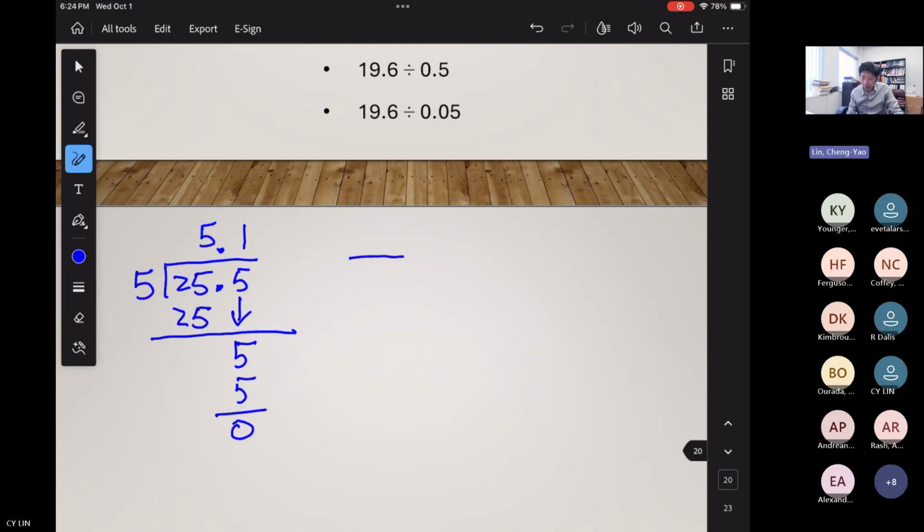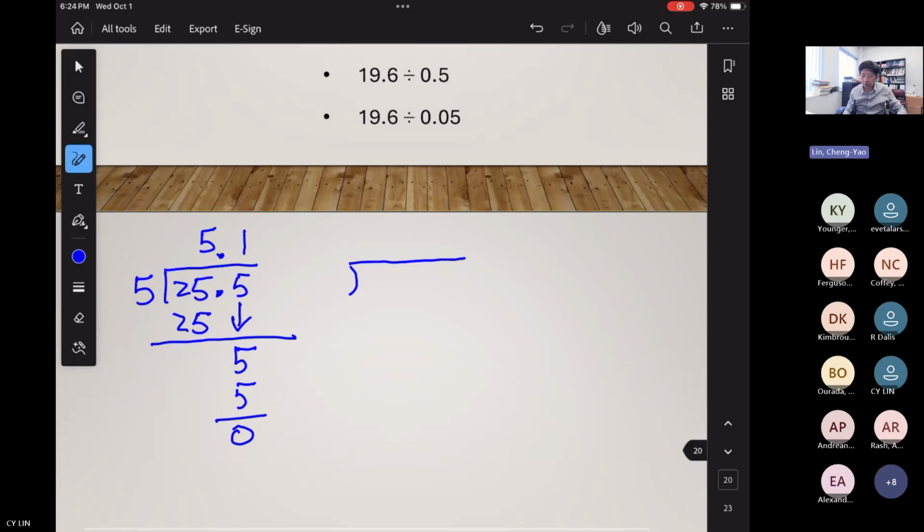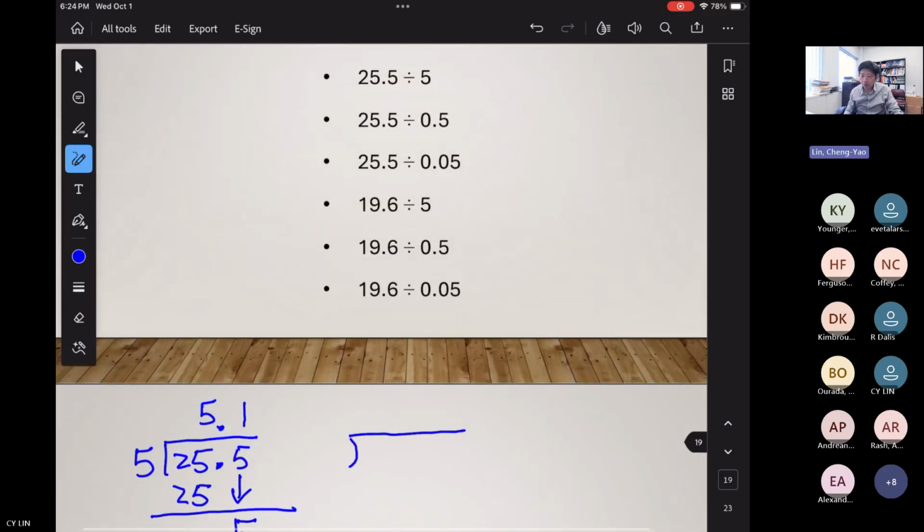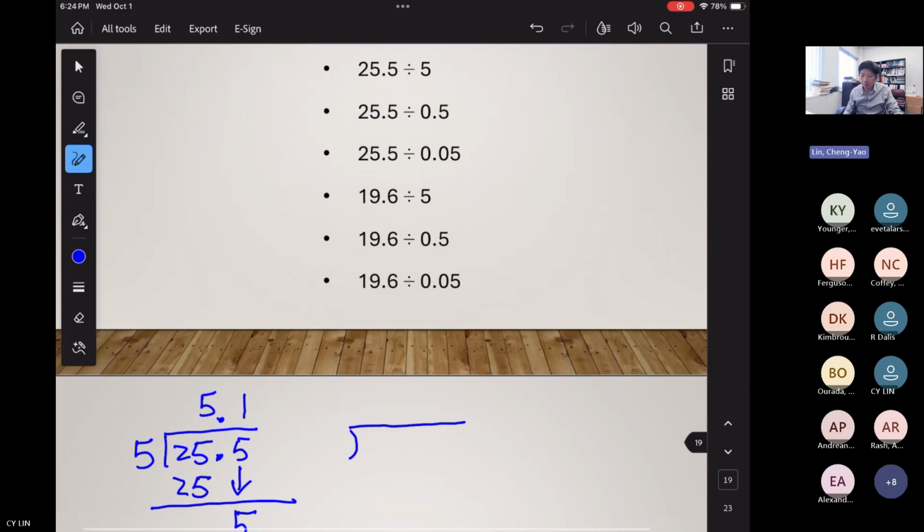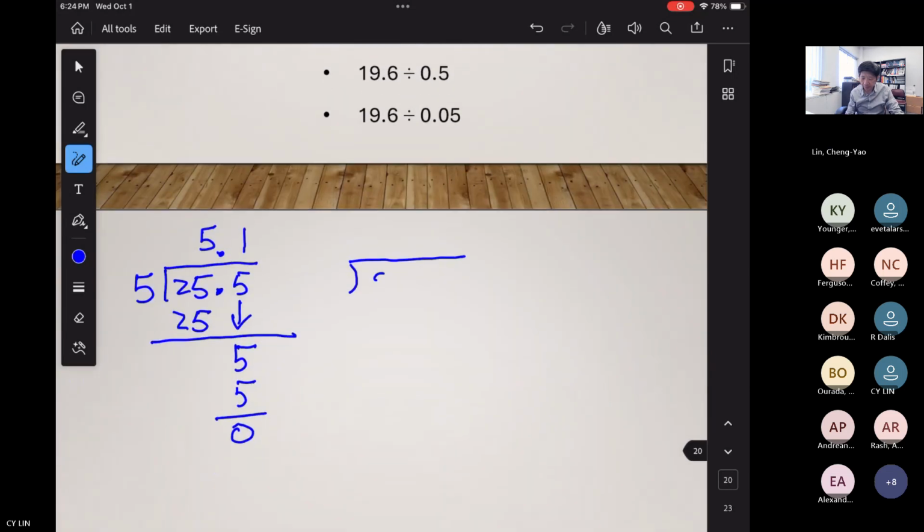Here, I'm going to do another problem. This problem is 25.5 divided by 0.5. It's different, right? Different from when we divided by 5. Now, what should we do?